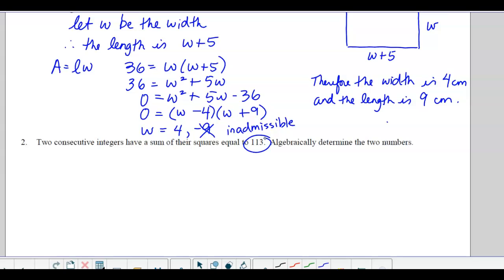It says two consecutive integers. Consecutive means one after the other. And they're integers, so that could be 4 and 5, it could be 110 and 111, it could be -8 and -7. So we're going to let x be one integer.